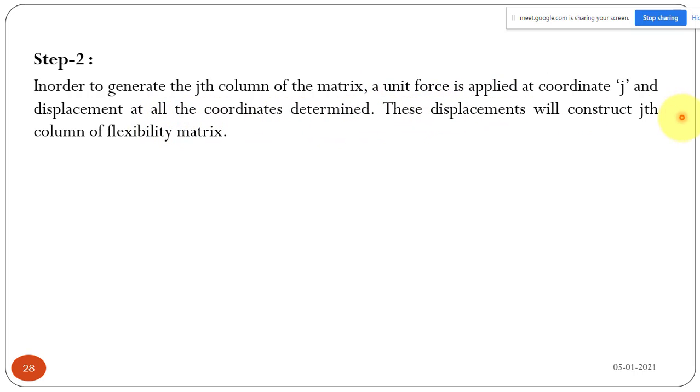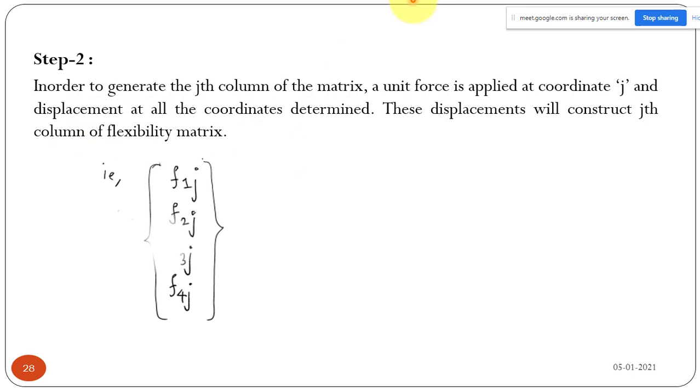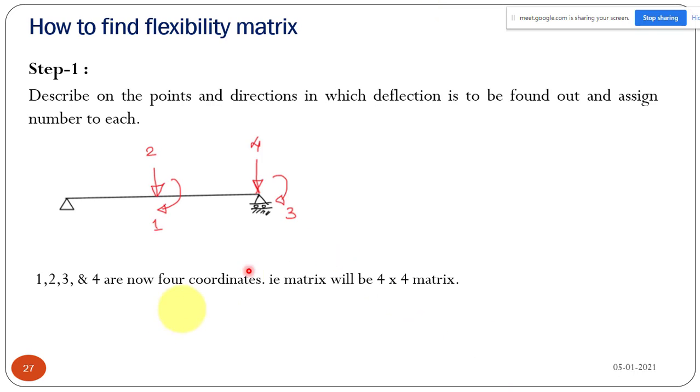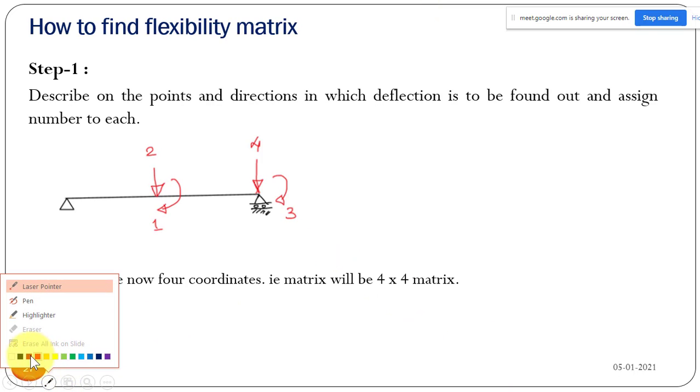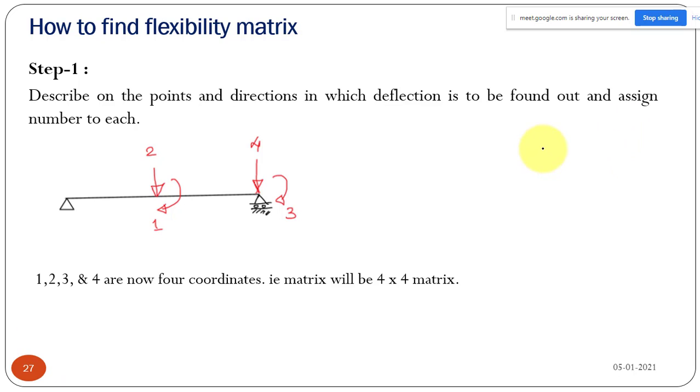These displacements construct the jth column of the flexibility matrix. That is what we did in the previous example. So there will be 16 elements in this.